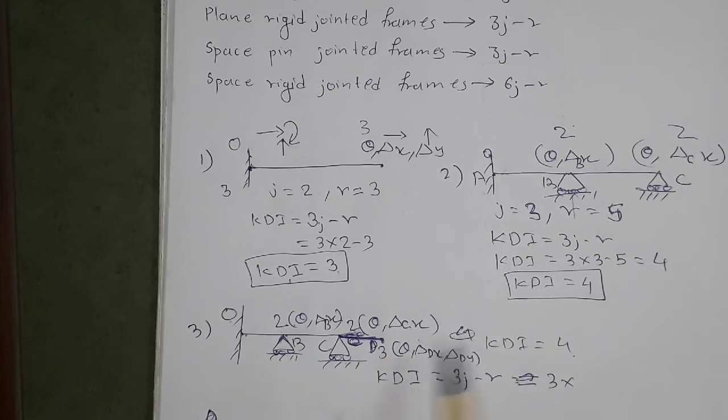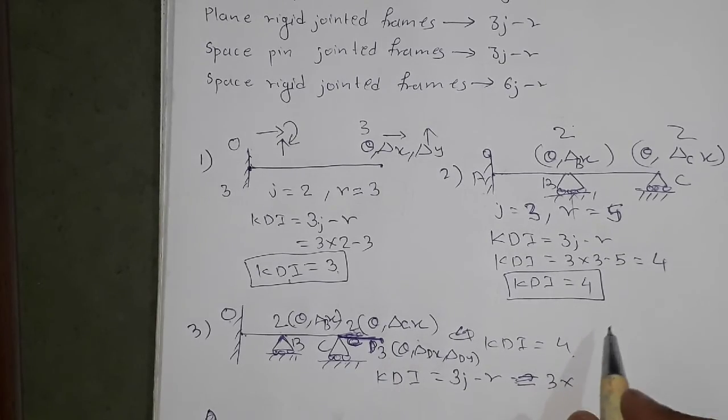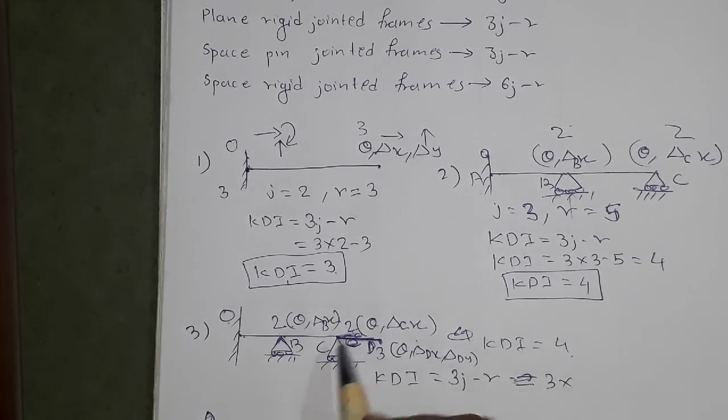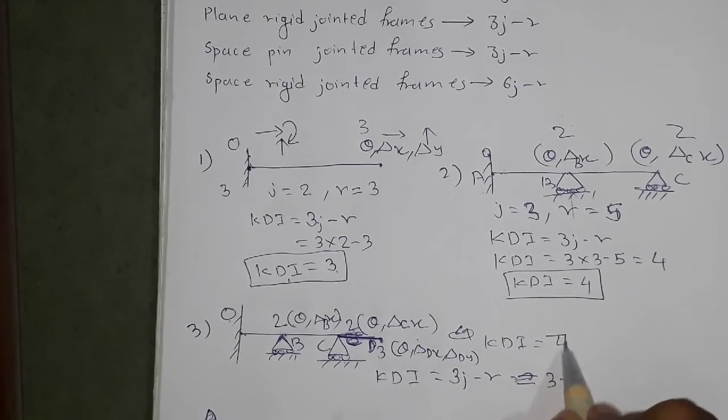So KDI will become 2 plus 2 plus 3, 4 plus 3, 7.